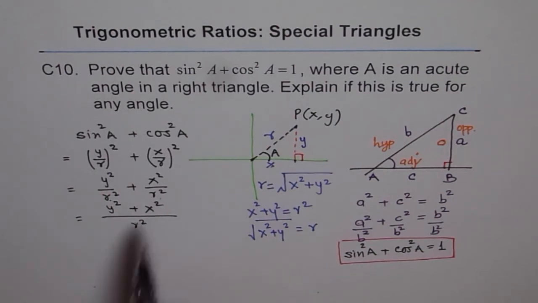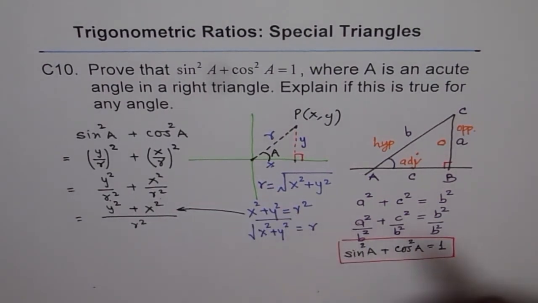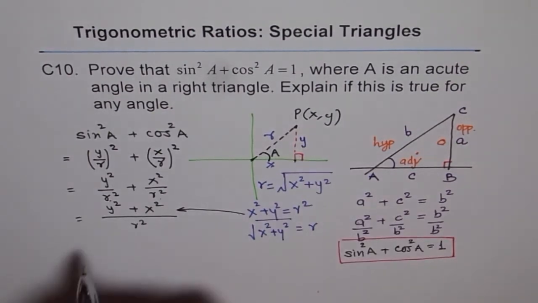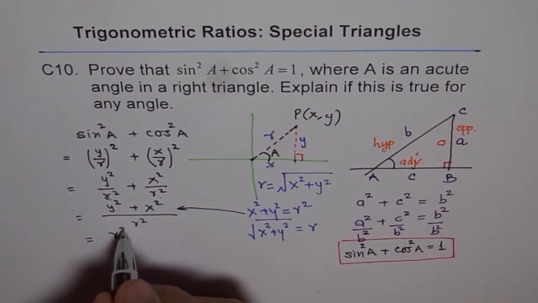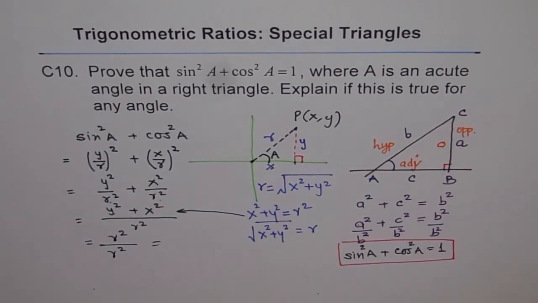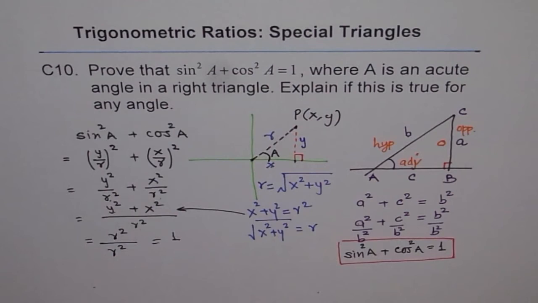Now what is x square plus y square? Do you see that? x square plus y square is r square from the Pythagorean theorem. And therefore, instead of x square plus y square or y square plus x square, we can write r square in the numerator, and we have r square in the denominator. So r square over r square is equal to 1. Perfect.